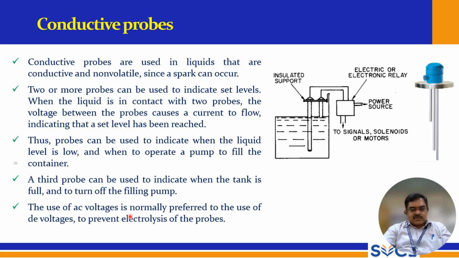The use of AC voltages is normally preferred to the use of DC voltages to prevent electrolysis of the probes. Since the probes are immersed in the liquid, electrolysis is possible, which can take place in this process.